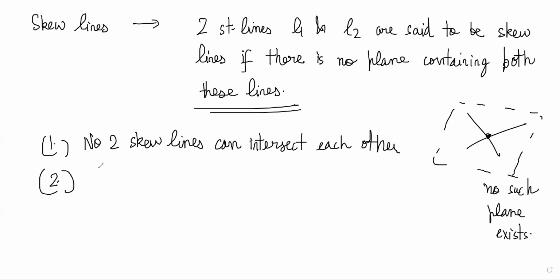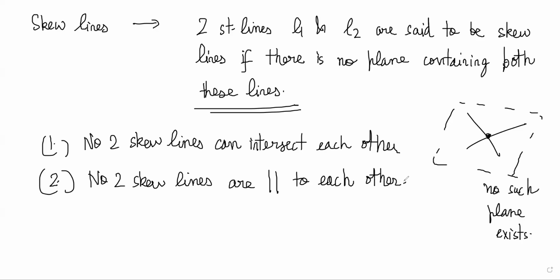Then the other thing is no two skew lines are parallel to each other, because if they are parallel to each other, then obviously there is a plane that is parallel to both of them, so the two lines will be lying in that plane. So skew lines are such lines which are neither parallel nor intersecting. That is the slightly weird thing that you see here, right? Okay.